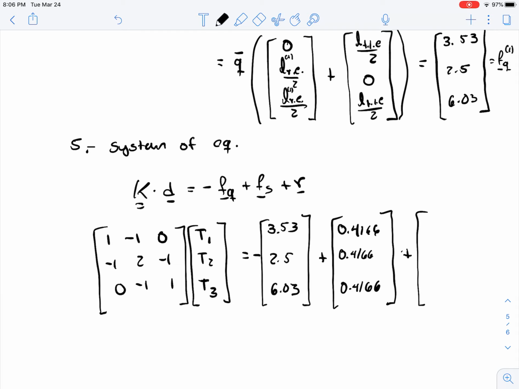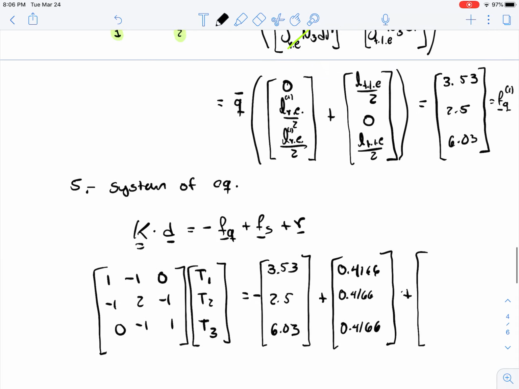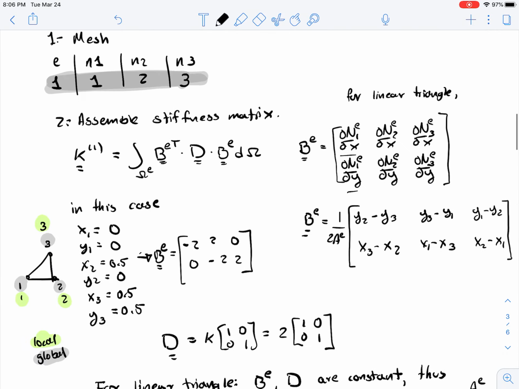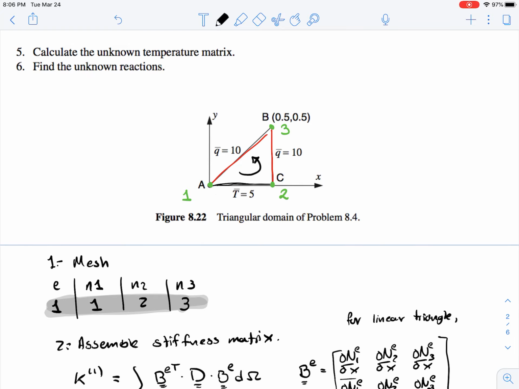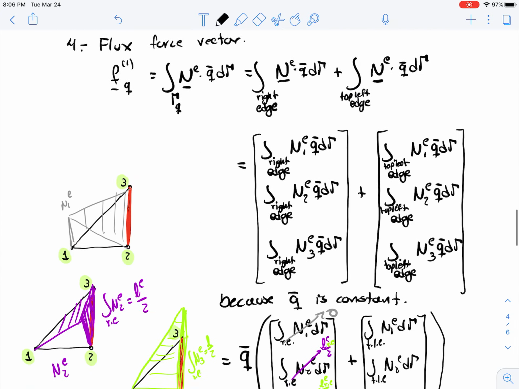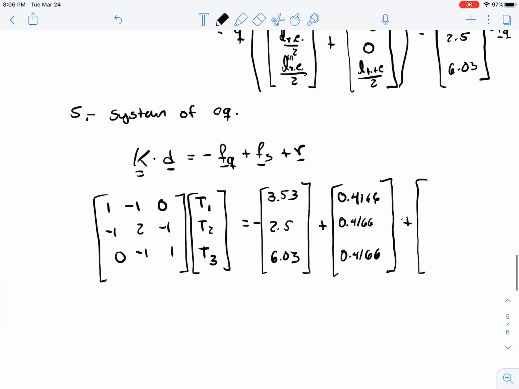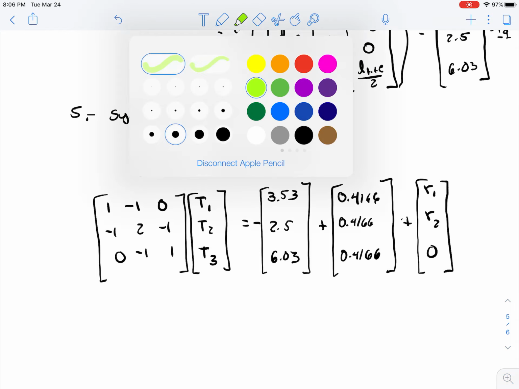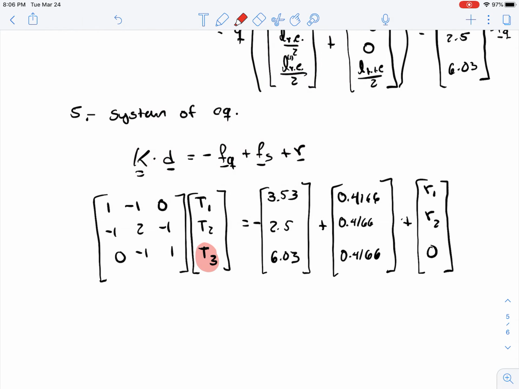plus the reactions. For the reactions, I need to see which nodes have essential boundary condition. The nodes with essential boundary condition is this edge right here, so both first and second node have reactions. So this will be reaction 1, reaction 2, 0. And that's it. This is the system that I need to solve. Which ones are the unknowns?